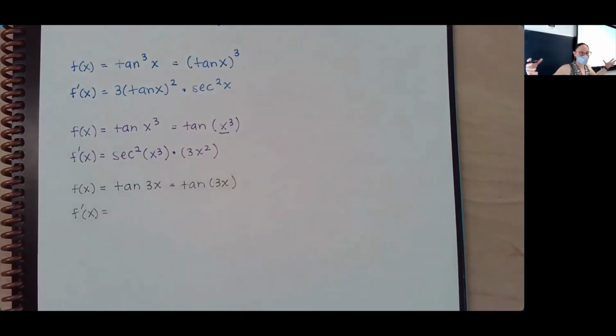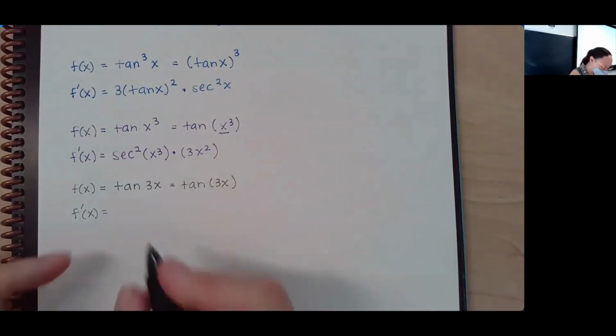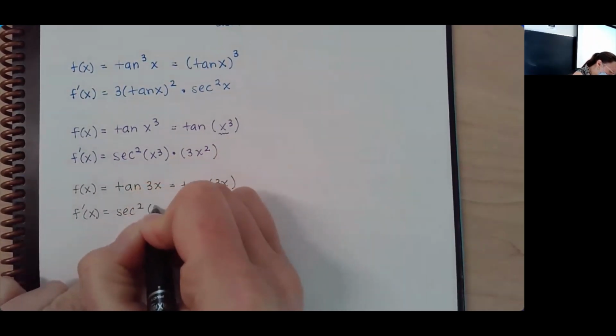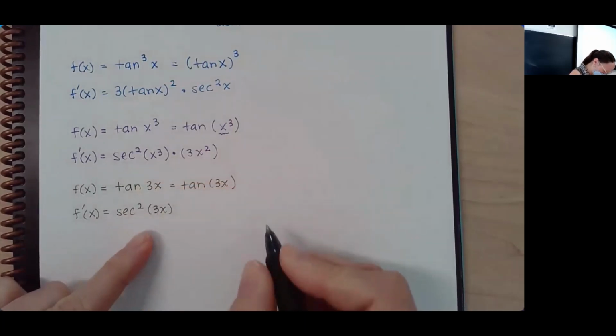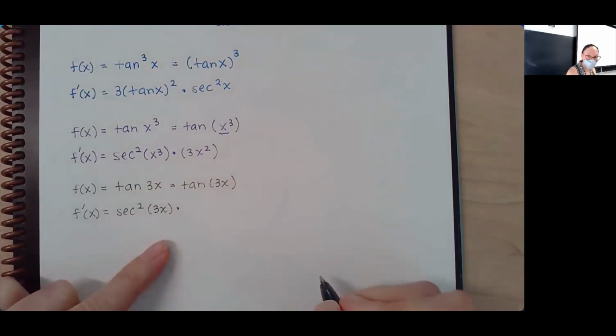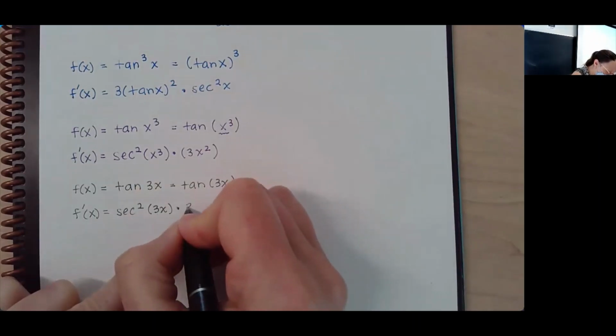Tangent, again, is like my outside function. So when I take the derivative of tangent, I'll end up with secant squared of the stuff times the derivative of the inside. And the derivative of 3x is 3.